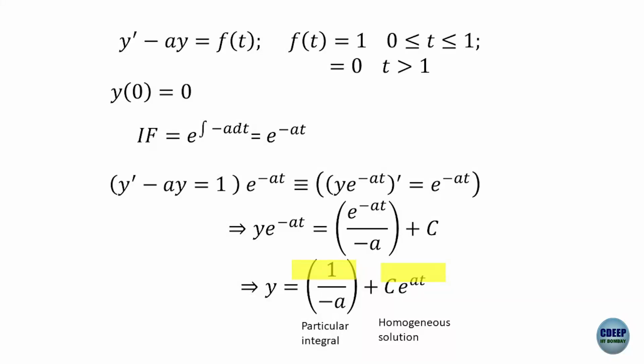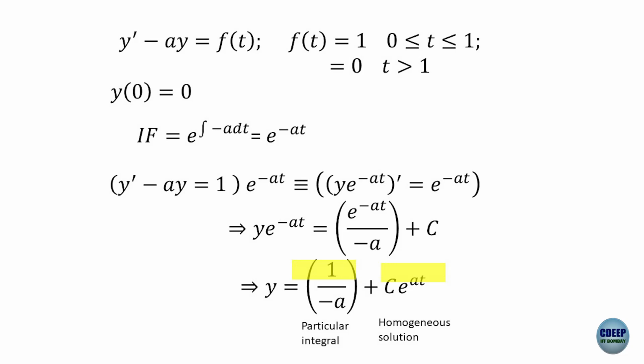Then we made life a little more complex, and said that the right-hand side has some kind of discontinuity.